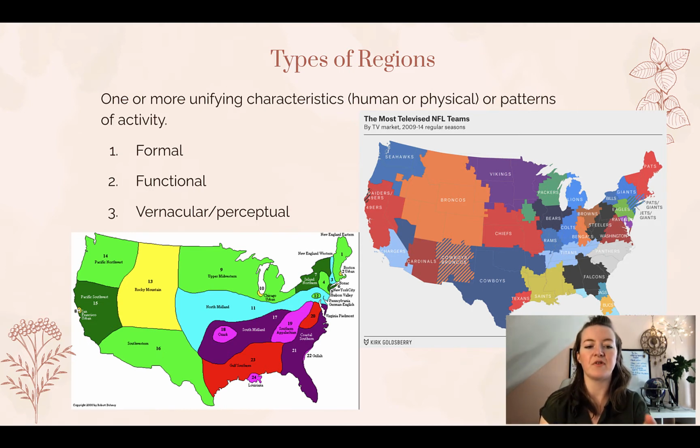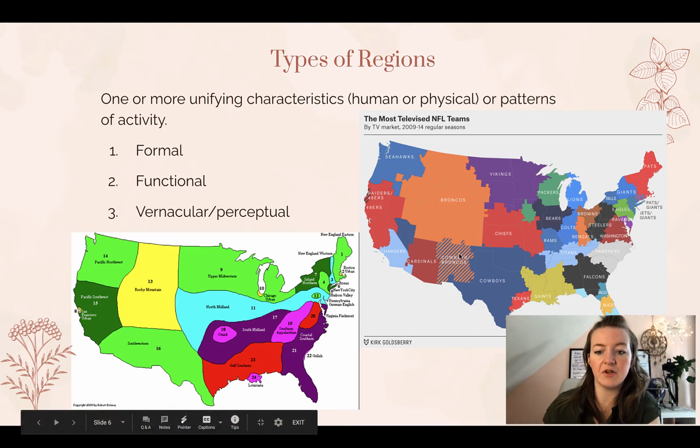Vernacular refers to the common way of identifying a place, or the perceived way of defining it, and that's where we get the perceptual piece. Vernacular generally refers to language, the common language that people speak every day. Perception is the way you perceive something.